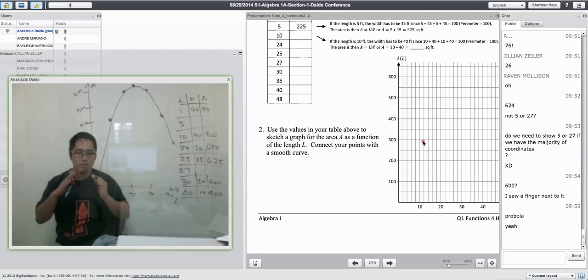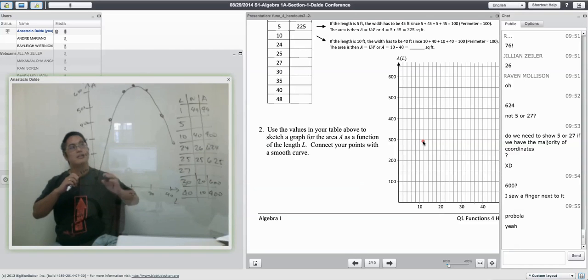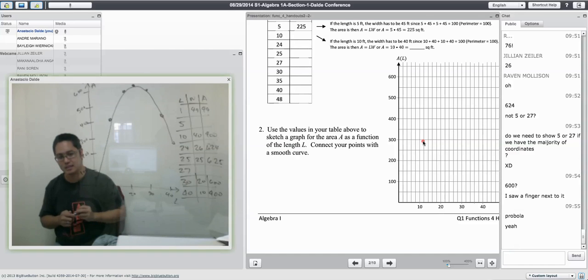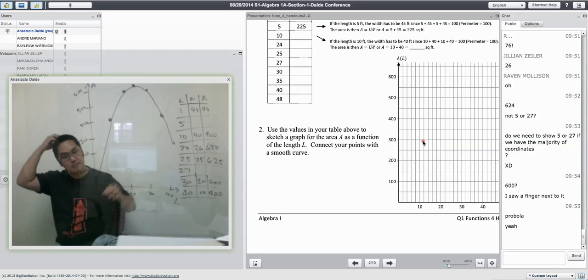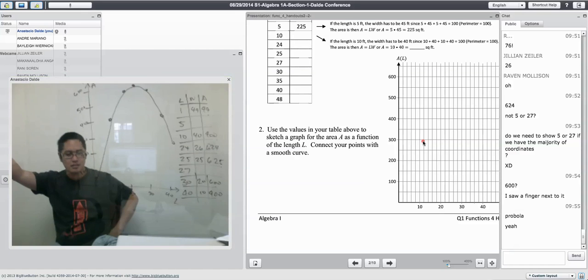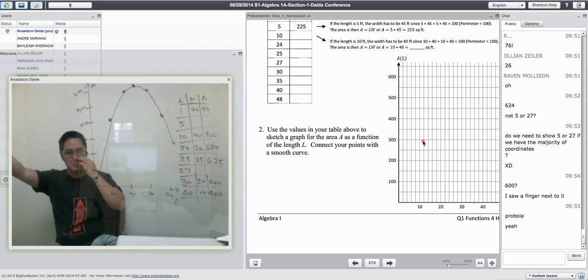If you ever want to find the highest point of something, the highest thing you'll get, you'll want to understand the parabola.